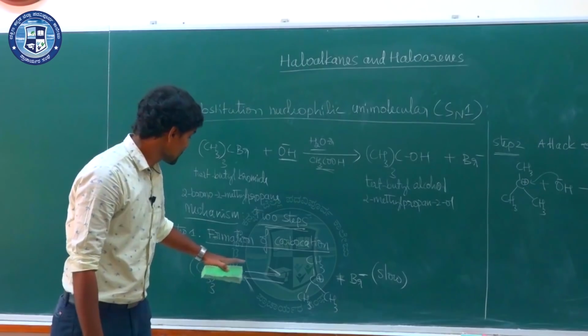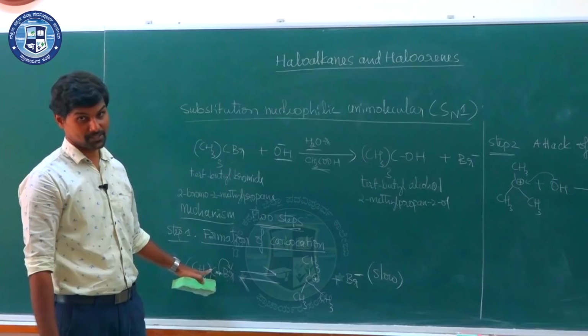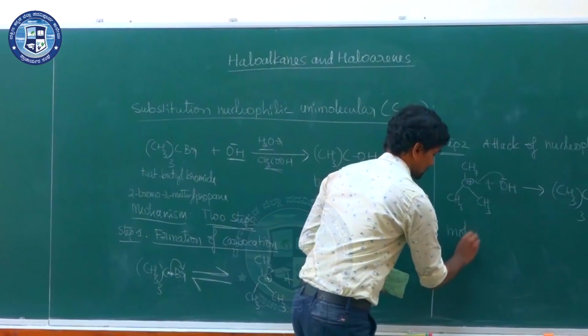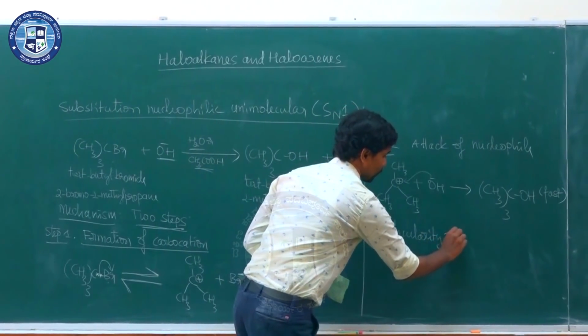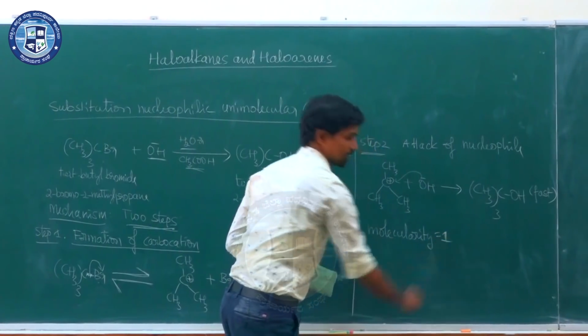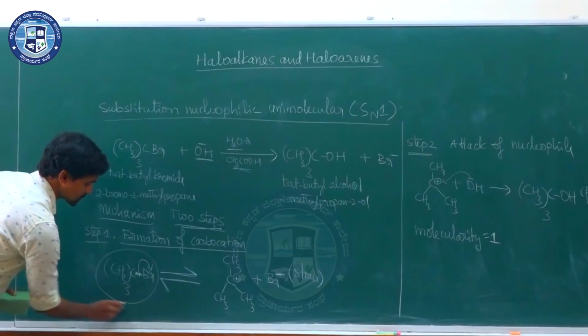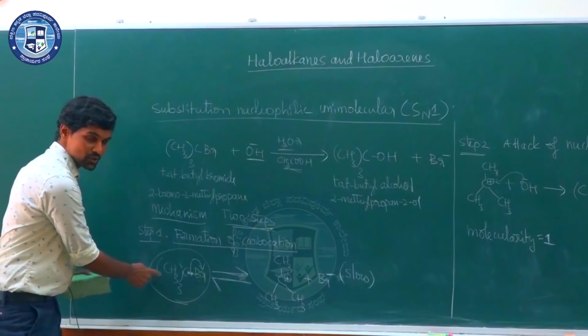Here the first step is the slow step, therefore that will be the rate determining step. Then the molecularity of this reaction will be 1, because in the rate determining step you find only tertiary butyl bromide, you do not find the nucleophile here.